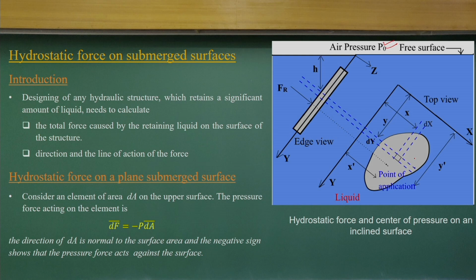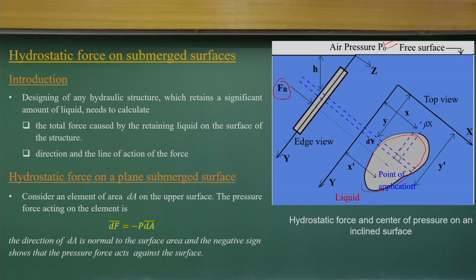If you look from this point, you will have an inclined surface with this x and y. This is a very complex shape we have considered, and it is inclined, at height h. We are looking at what the force due to these pressure distributions could be and where it acts.